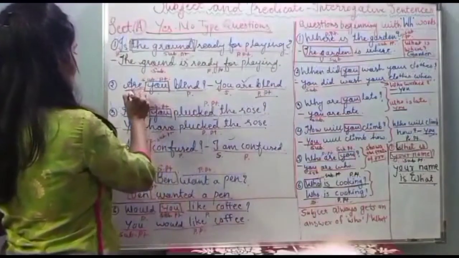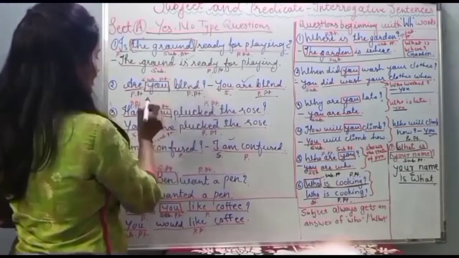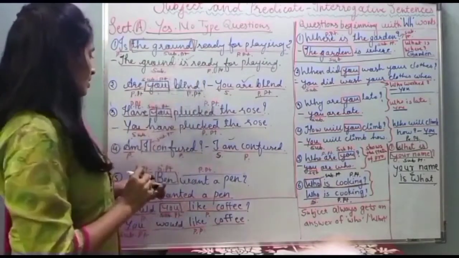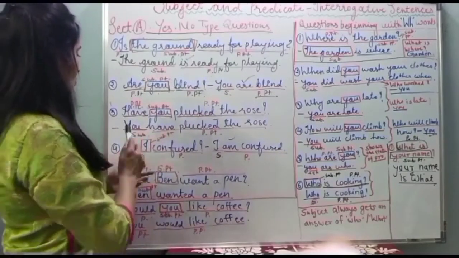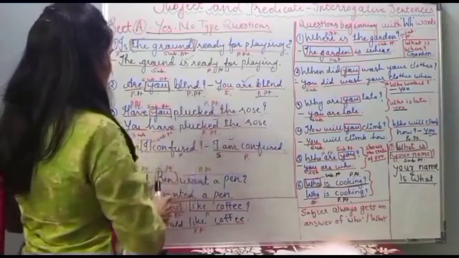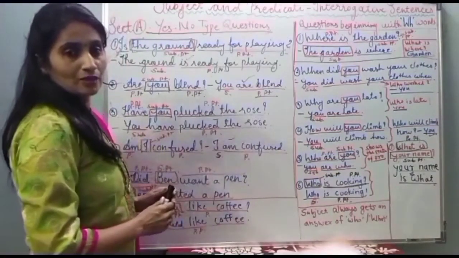I have written here P means predicate part and yes also P predicate part. This is the subject part, are and blind predicate part. See the third sentence now. Have you plugged the rose? The statement of this question is you have plugged the rose.